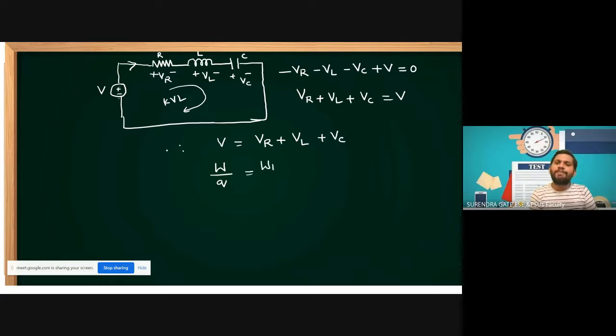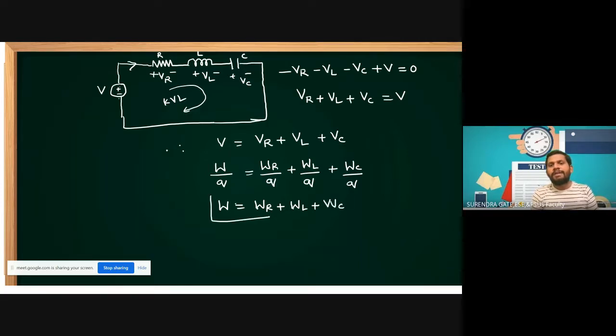This is how we can write, friends. For the resistor, WR by Q, plus WL by Q, plus WC by Q, where W is the energy, students. Then Q and Q cancel. Then W equals WR plus WL plus WC.